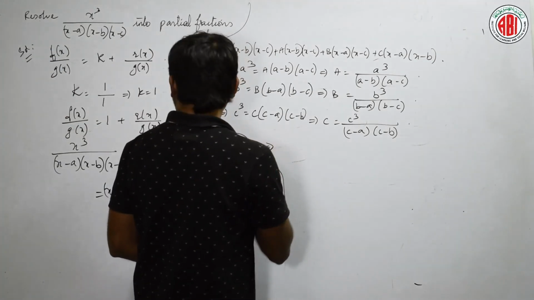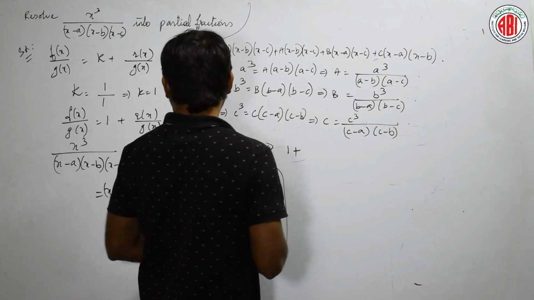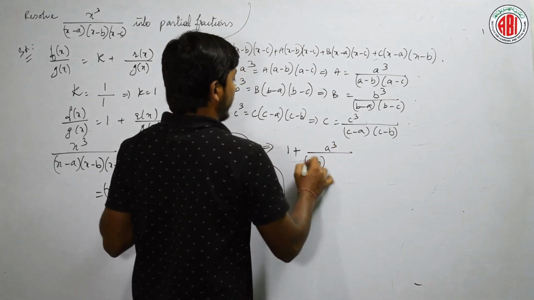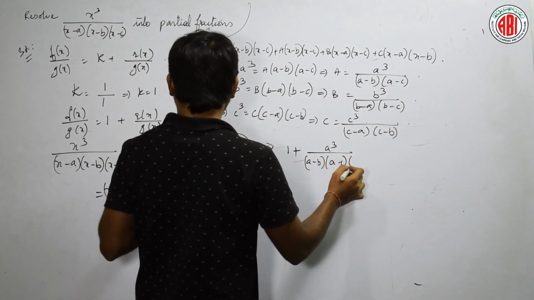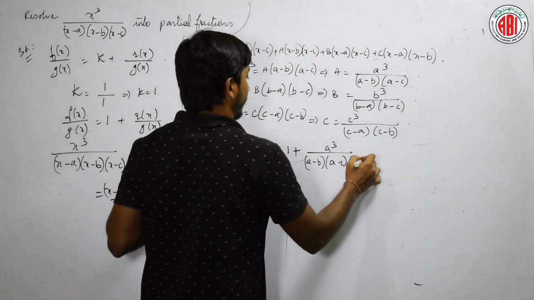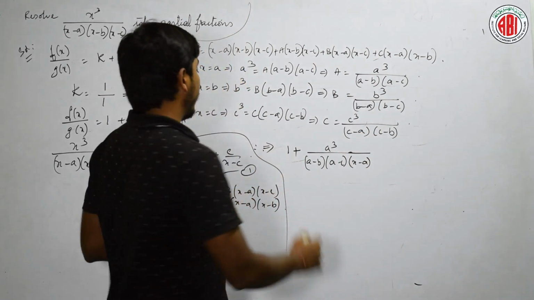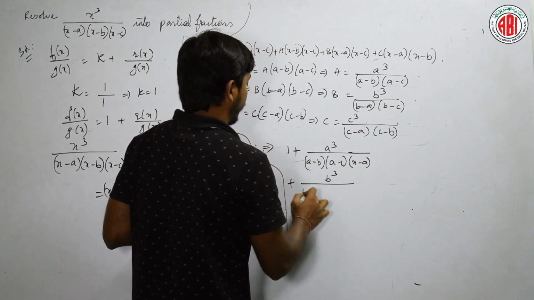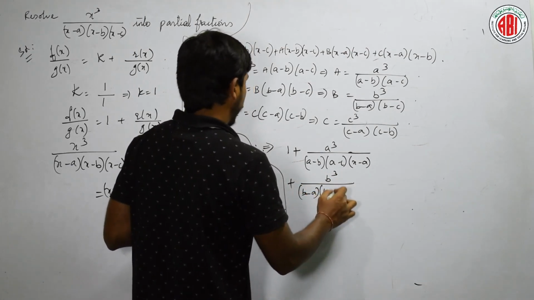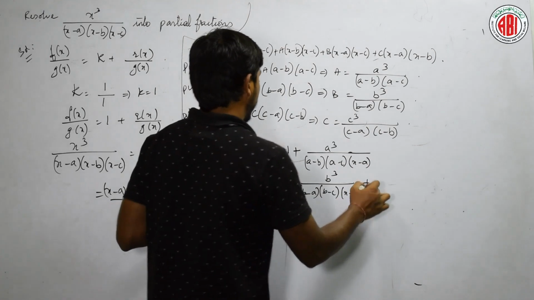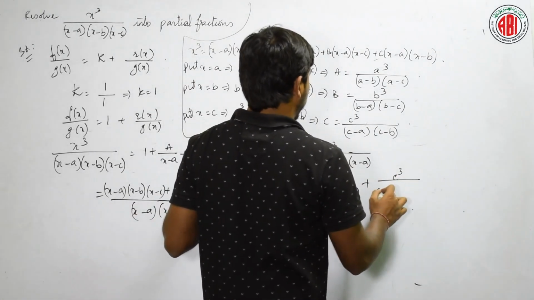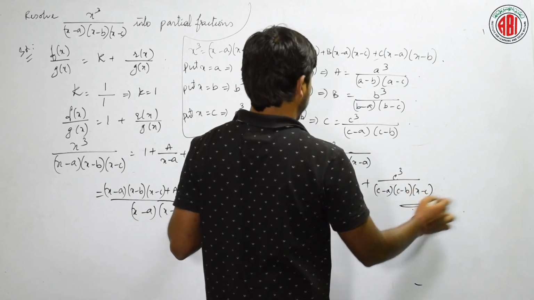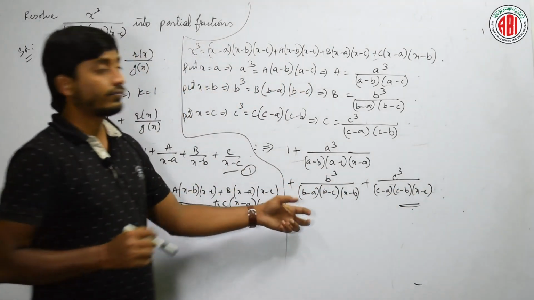Therefore, the partial fractions are 1 plus a cube by a minus b into a minus c into x minus a, okay, plus B. What is B? b cube by b minus a into b minus c into x minus b plus c cube by c minus a into c minus b into x minus c, right.